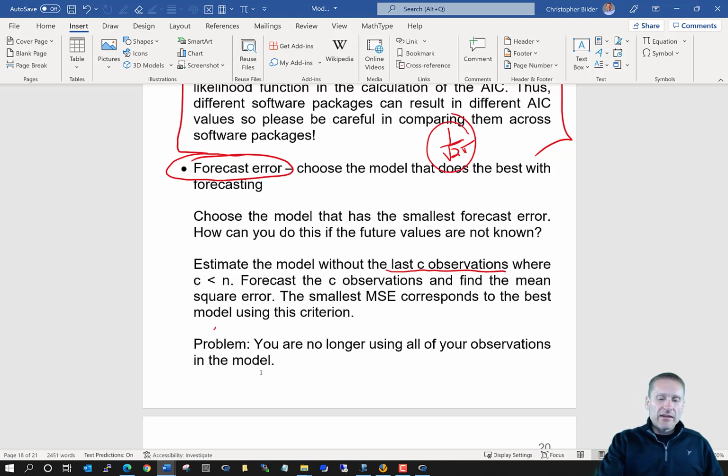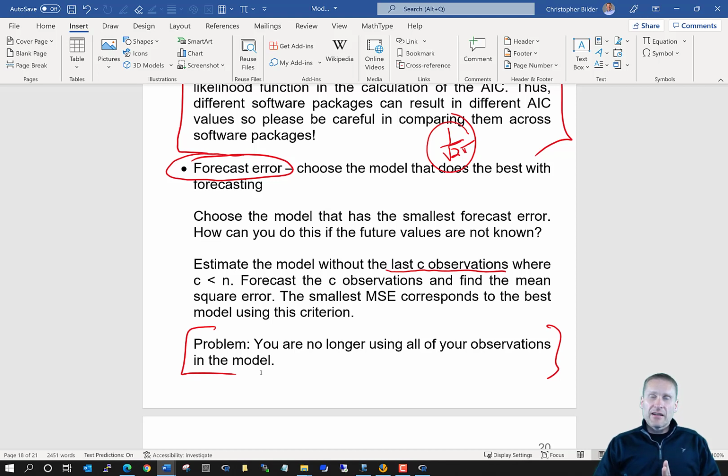The problem, though, is that now you're no longer using all your observations to build your model. And especially in a time series situation, you're often most interested in the first time point after your observed values. So let's say you're really interested in time 101; well, time point 100 is going to play a big role in what 101 should be.